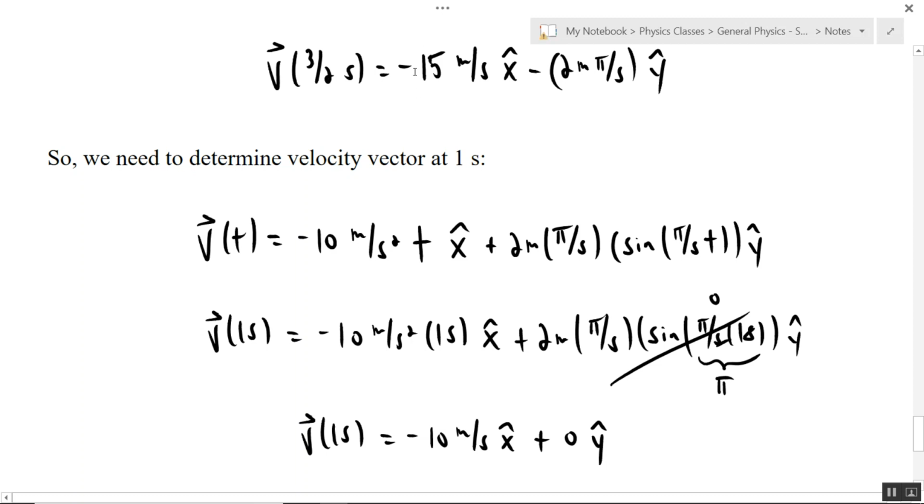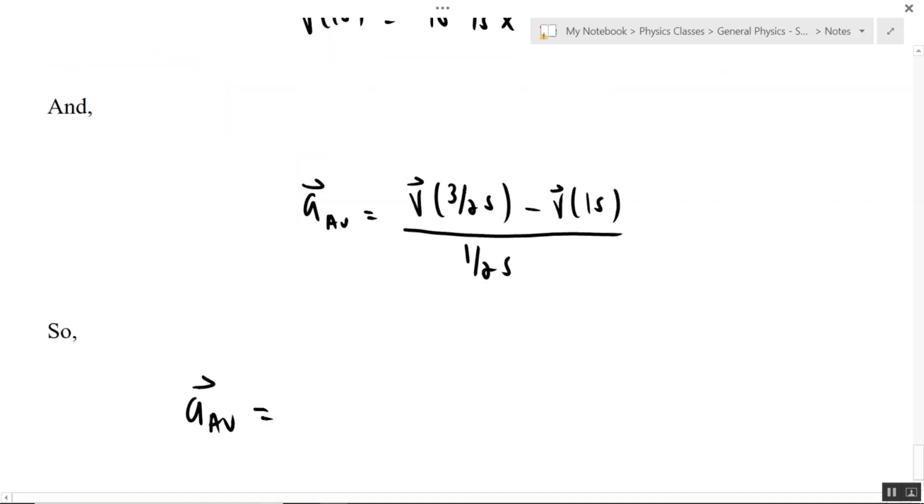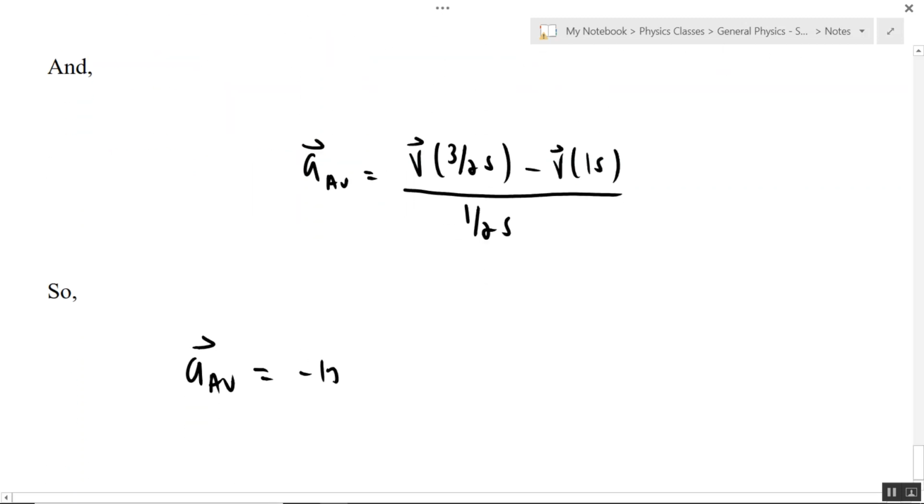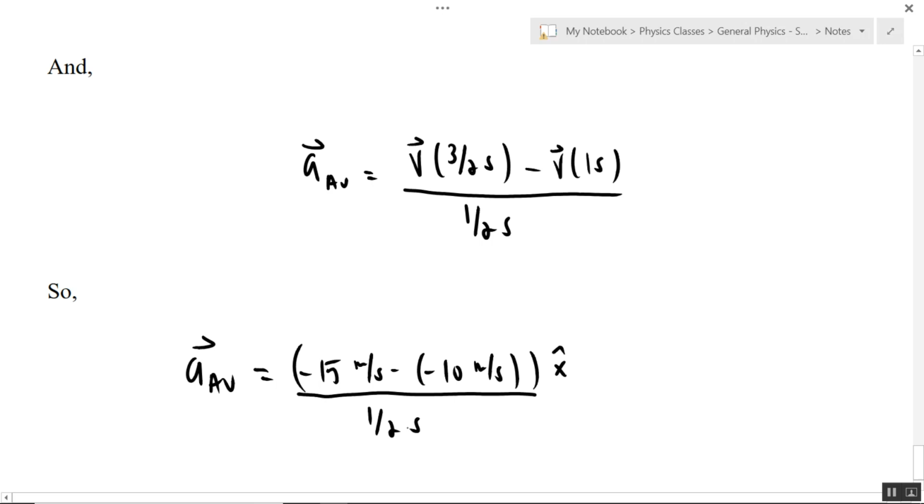So it's negative 15 minus negative 10, divided by 1/2 of a second, right?